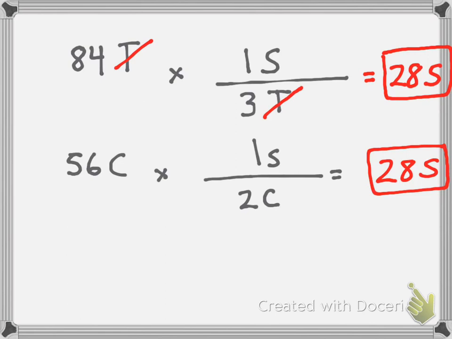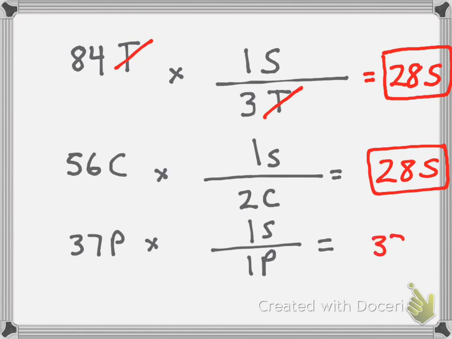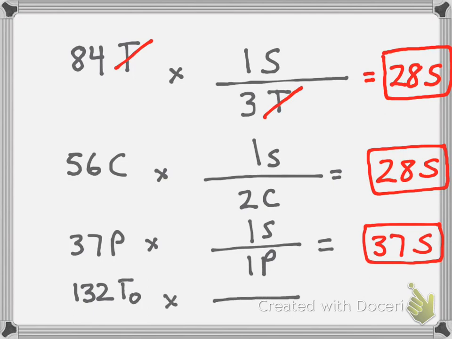Next, 37 pickles. And there is 1 pickle for every Saudi, so that allows us to make 37 Saudis. Notice I can make more Saudis from pickles than I can from turkey or from cheese. Next we have tomatoes. There are 132 tomatoes, and there are 3 tomatoes in every Saudi.